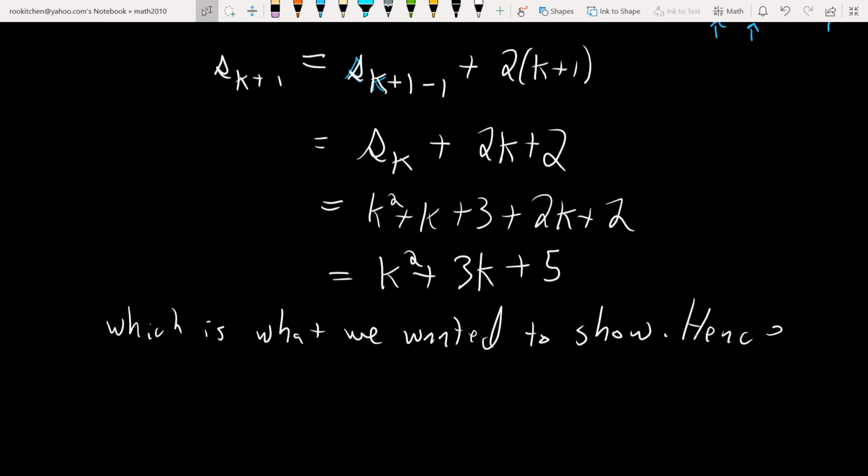Hence, the explicit formula works, and we can all sleep well at night and all that jazz.